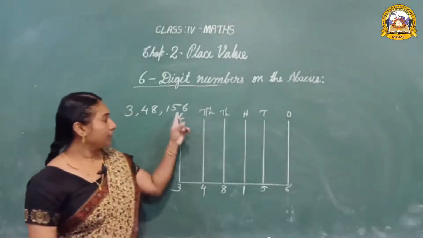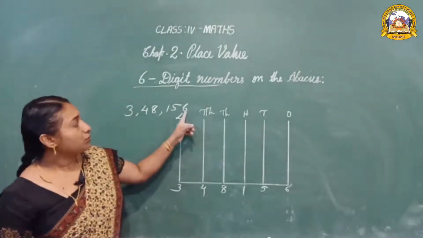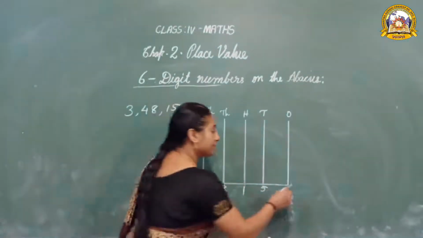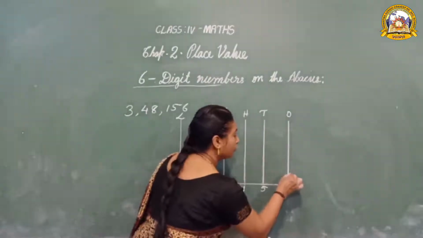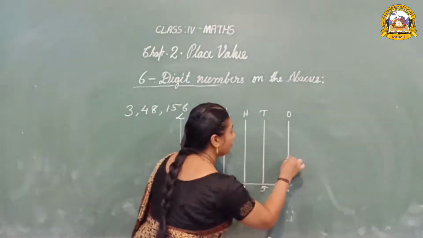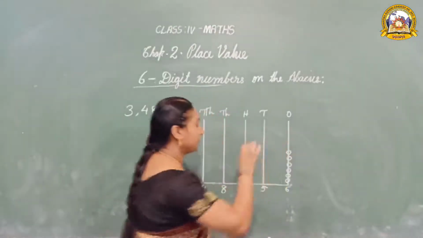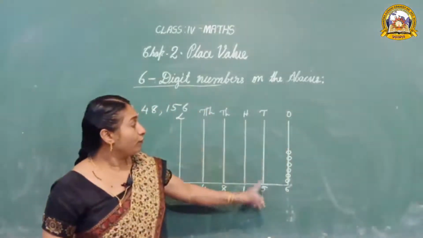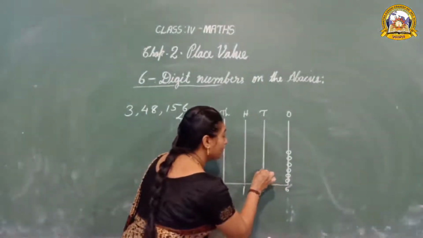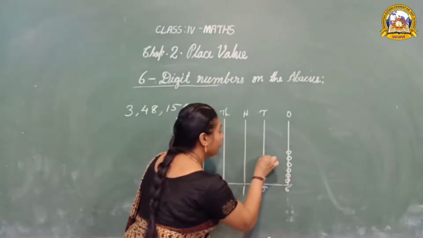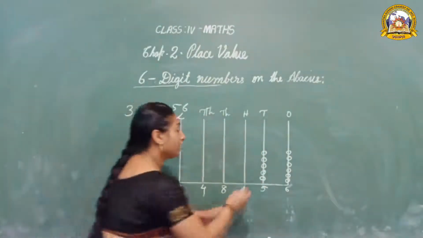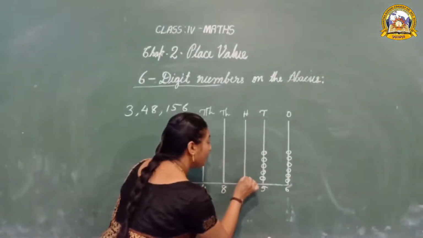To show 6 ones, we should give 6 beads. 1, 2, 3, 4, 5, 6. To show 5 tens, give 5 beads. 1, 2, 3, 4, 5. Next, to show 100, give 1 bead.